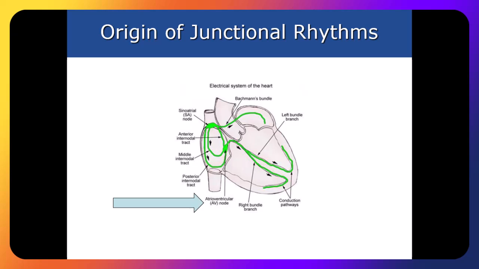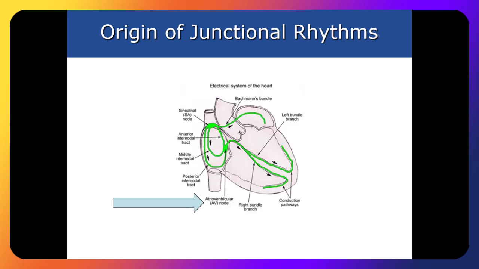So when you're looking at these rhythms, number one, where are they coming from? Number two, is it possible that they can kill my patient? And number three, is it something I can work on to fix? Now, junctional rhythms are not normally considered life-threatening, except that sometimes they are not nearly as effective at moving blood out of the heart because of the way they occur.